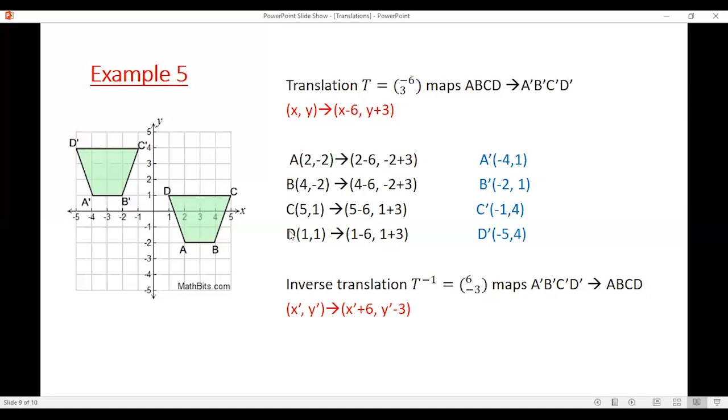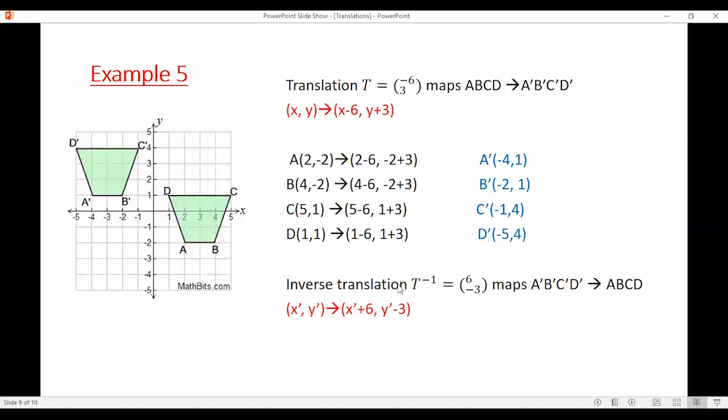Let's see all the operations done here. We have the vertices of the trapezoid ABCD. Under the translation with coordinates -6 and 3, we get the coordinates of trapezoid A prime, B prime, C prime, D prime.